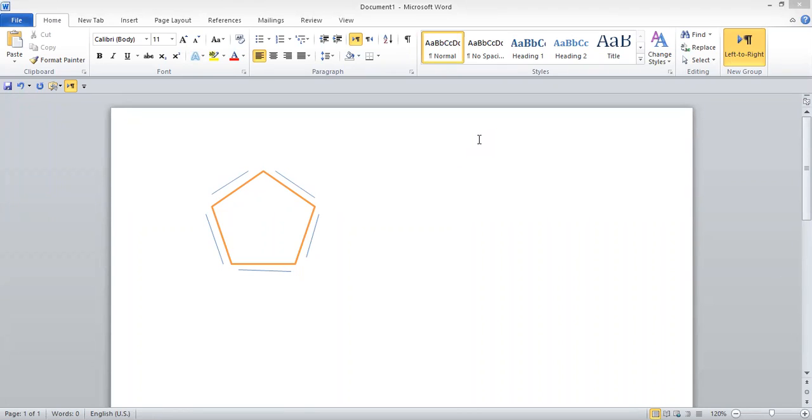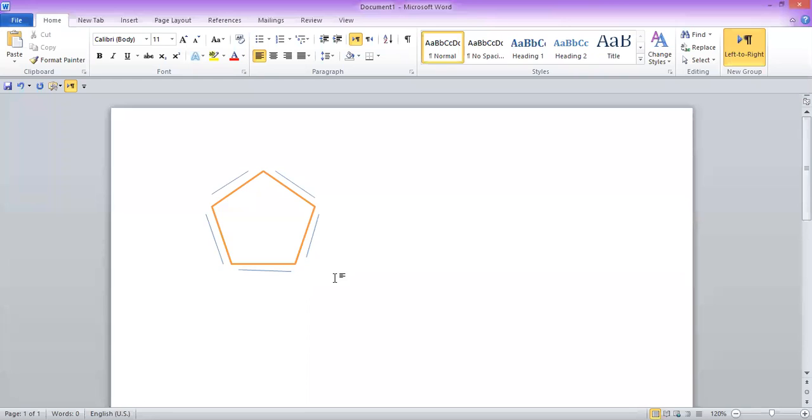If you count its corner, guys, so they are also 5. This is 1. This is 2. This is 3. This is 4. And this is 5.